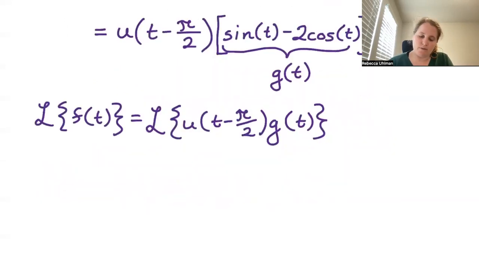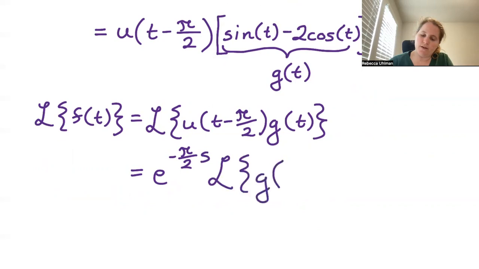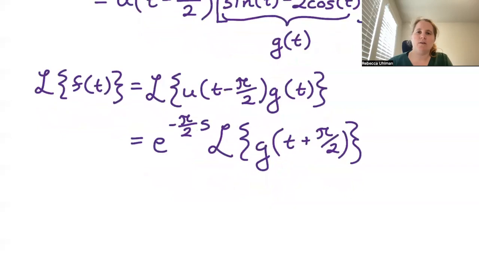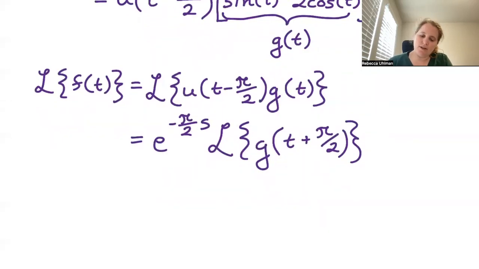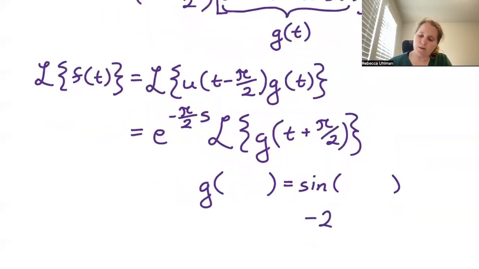And of course, this is equivalent to e to the negative pi over 2 s times the Laplace transform of g of t plus pi over 2. So once again, our g of whatever was sine of that blank minus 2 cosine of that blank.